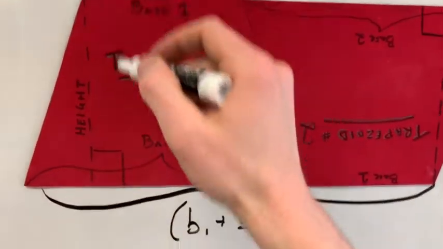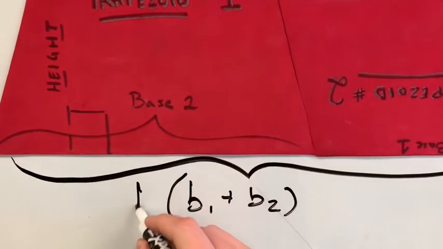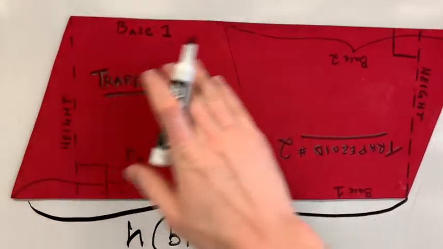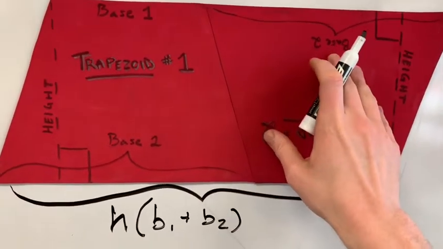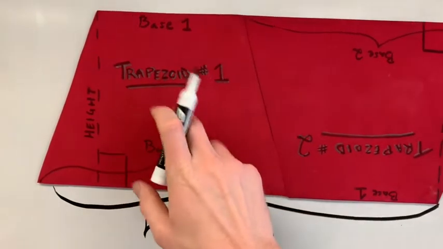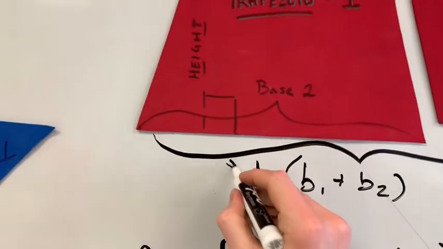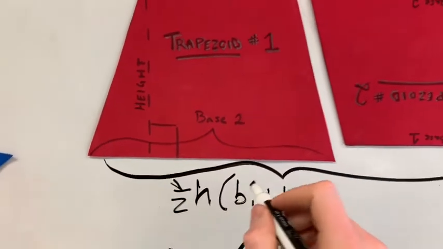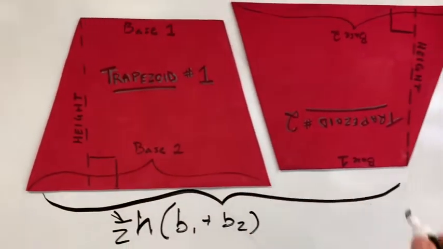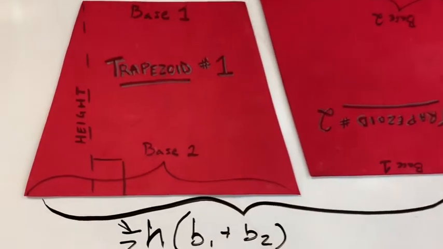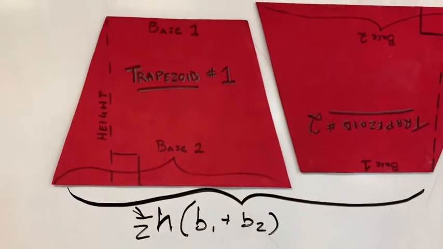Well, if I do that times the height, I will get the area of this whole thing, which I don't want. I actually want the area of just half of it. So that's why it's 1/2 of the height times base 1 plus base 2. And let's see how it works. We're gonna do a couple examples together.